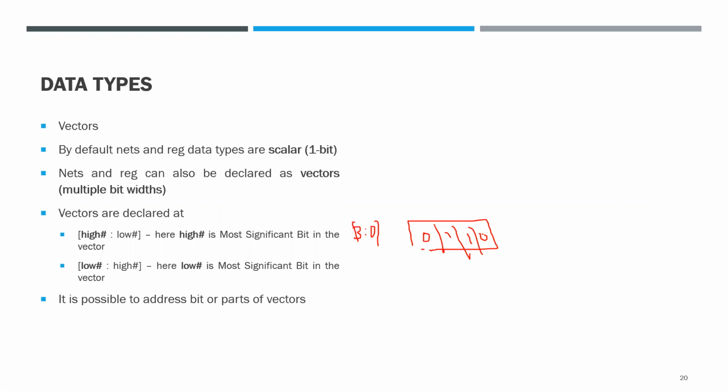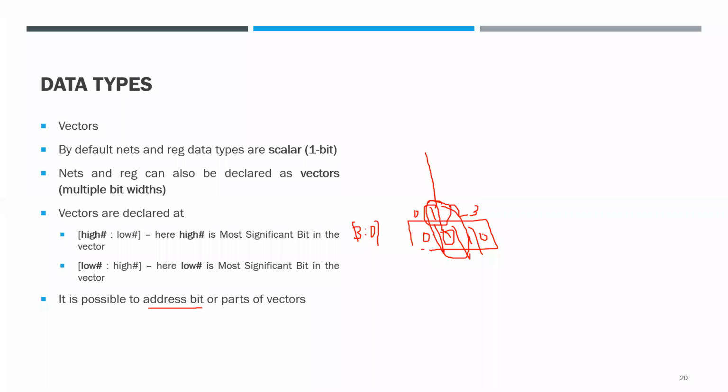If I want to access this, it will be like 0, 1, 2, and 3. I am just taking a simple example. If I want to access the bit at this position, I can access it directly. That is, bit access is possible. I can address this bit directly with the help of this index.